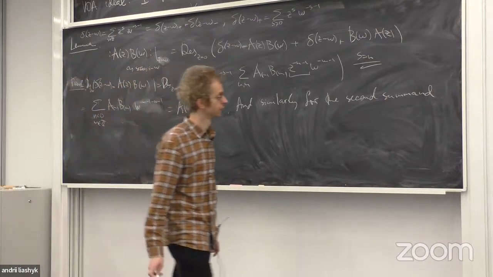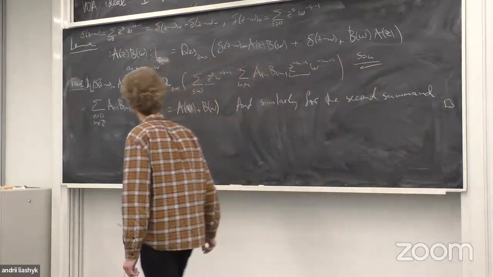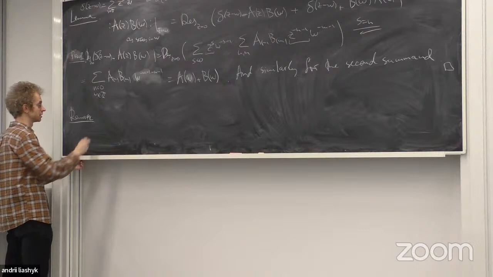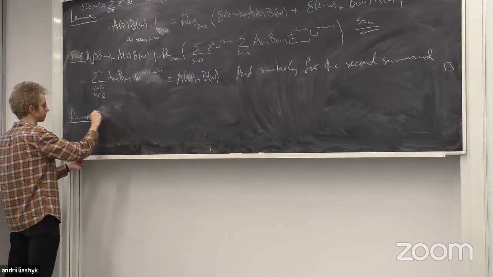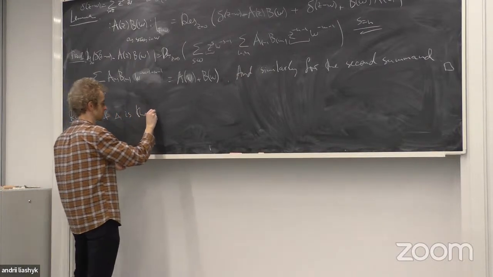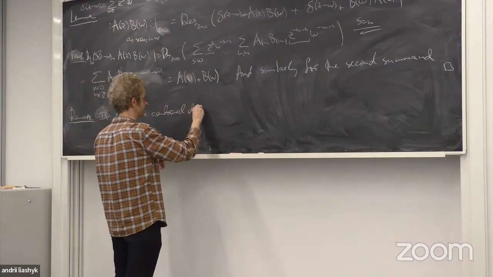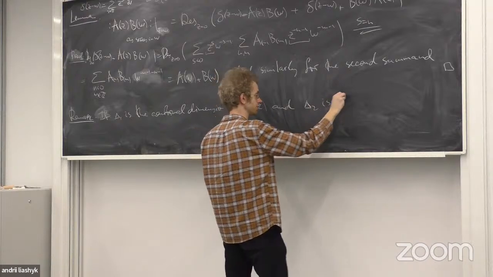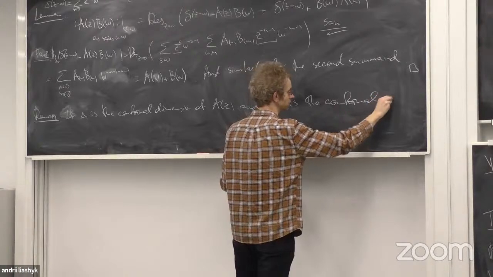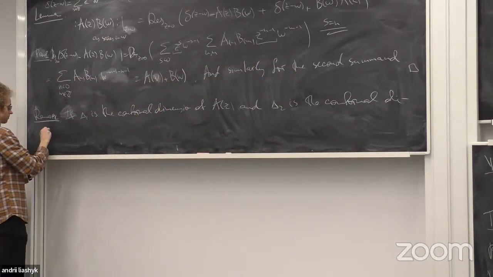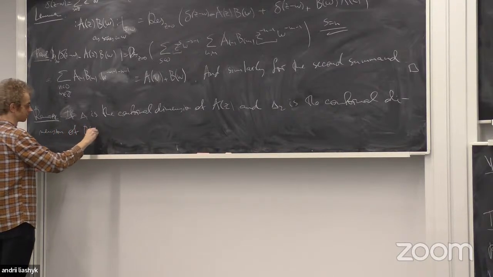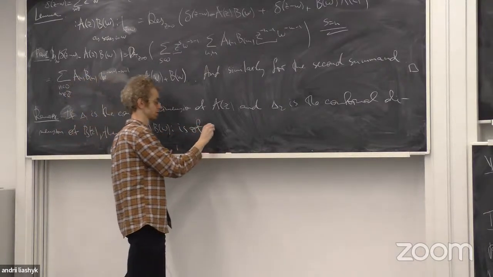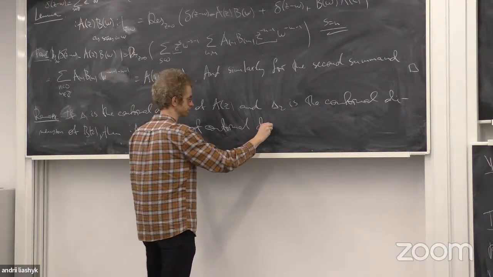So the last general remark I want to add here says that if delta 1 is the conformal dimension of A of z, and delta 2 is the conformal dimension of B of z, then A of w B of w is of conformal dimension what?